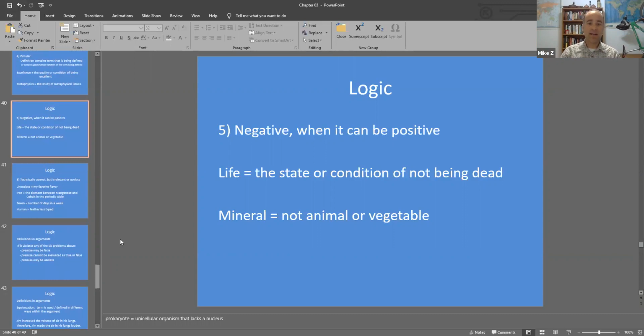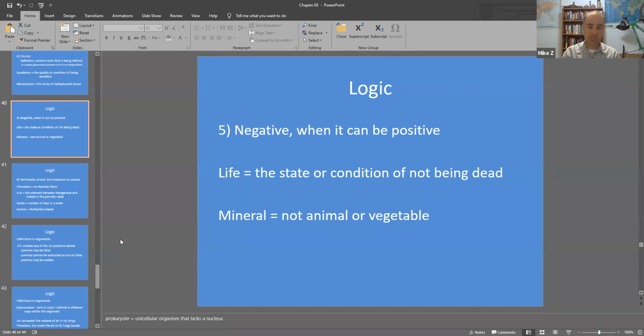So, if we define life as the state or condition of not being dead, okay, yeah, the things that are alive are not dead, but it seems like we've got some positive properties or characteristics we could provide to give an account of what living things are like. This doesn't tell you what living things are really like.